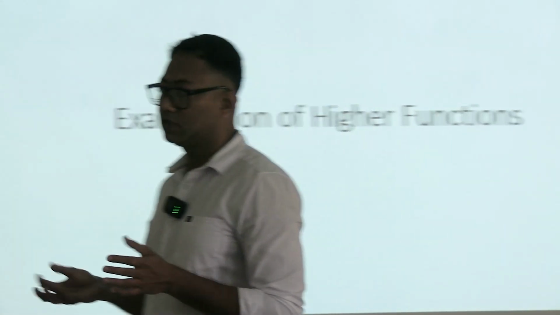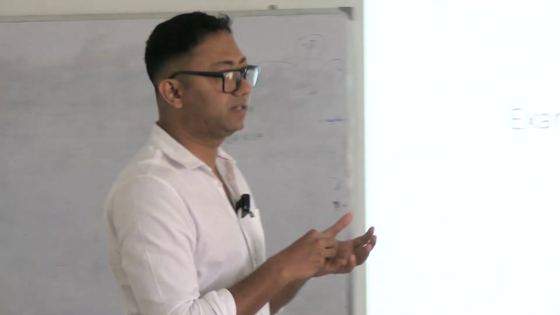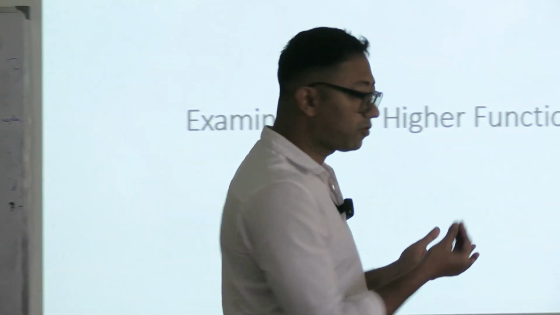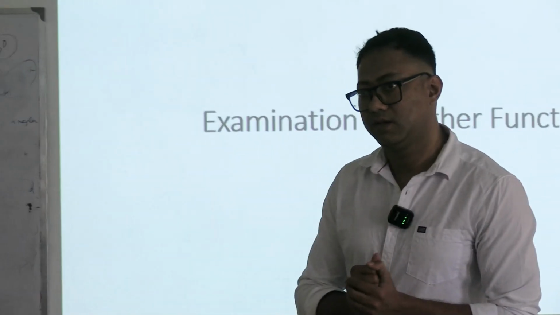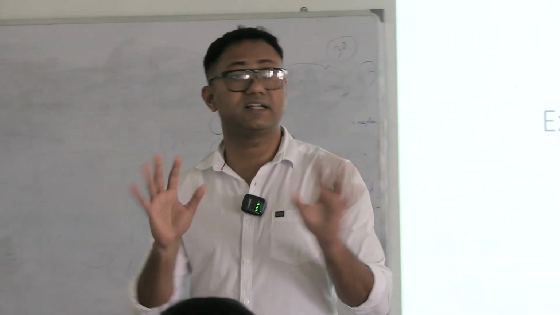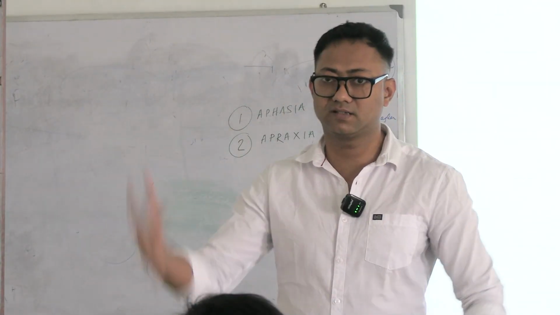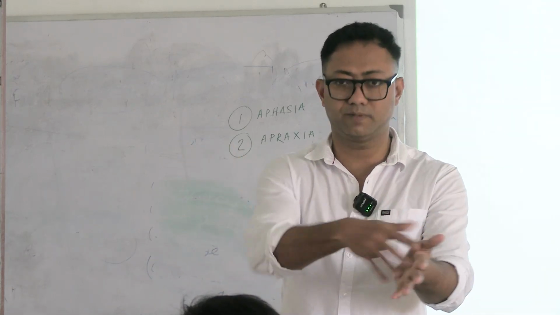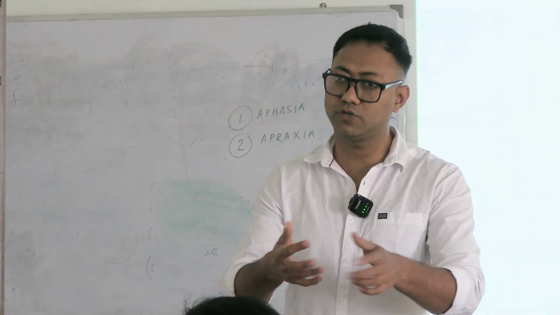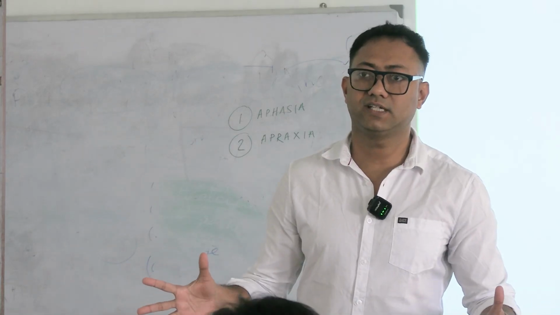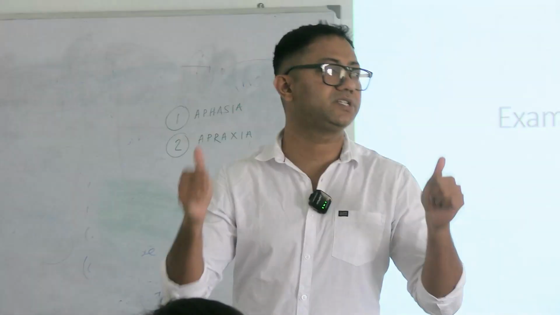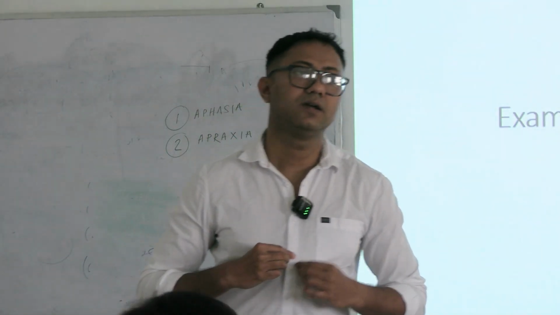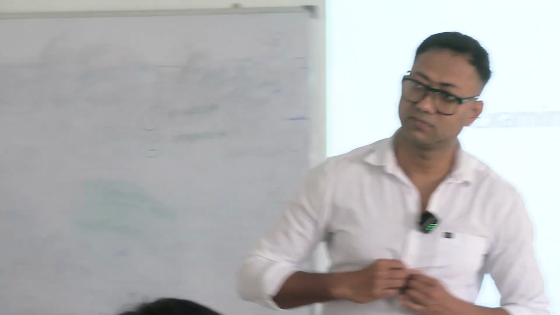So without any motor problem, the patient has difficulty in performing fine motor movement. It is called apraxia. The patient cannot do buttoning and unbuttoning. What can be the reason? Either there may be paralysis in the fingers, or some paralysis in the muscles here, or a nerve injury, but it is none of these. Power and tone in the muscle are all fine, but still the patient is unable to do fine motor activity like buttoning or unbuttoning a t-shirt or shirt, right?